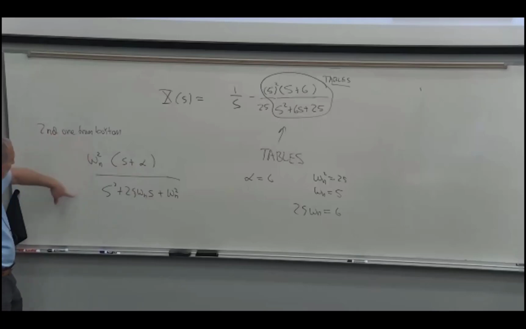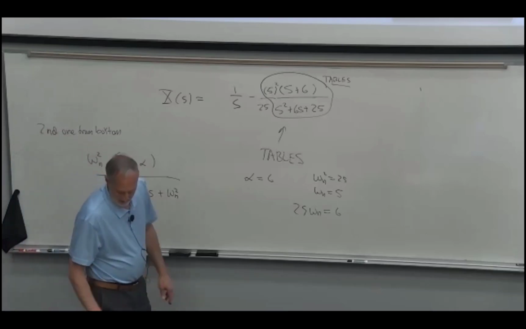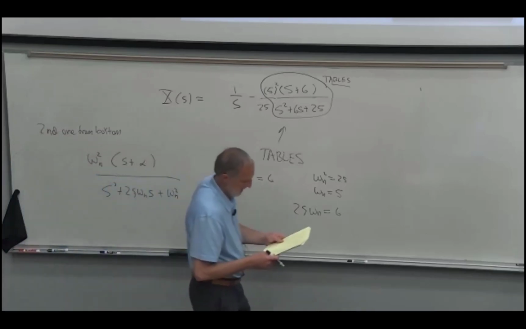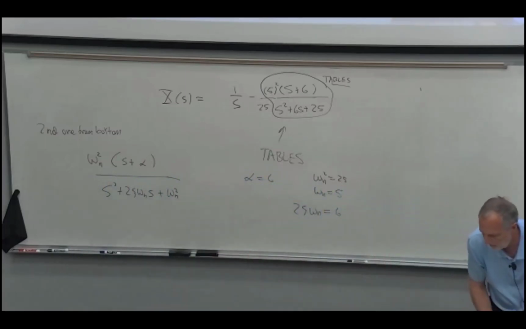Because you can always multiply and divide and pull stuff out of the Laplace, because those constants can come in and out of the Laplace. So you look this up on the table, and I think we're going to have to finish this next time, but let me show it to you.